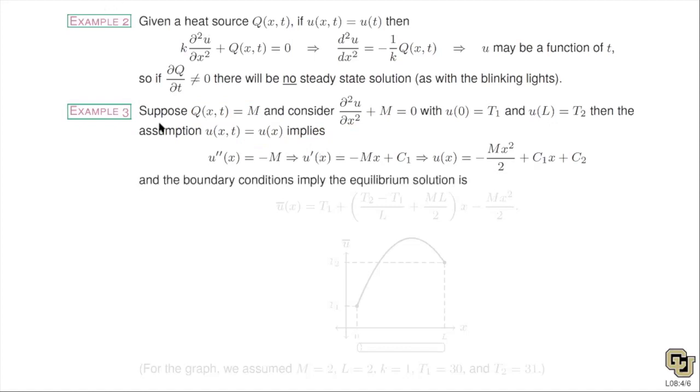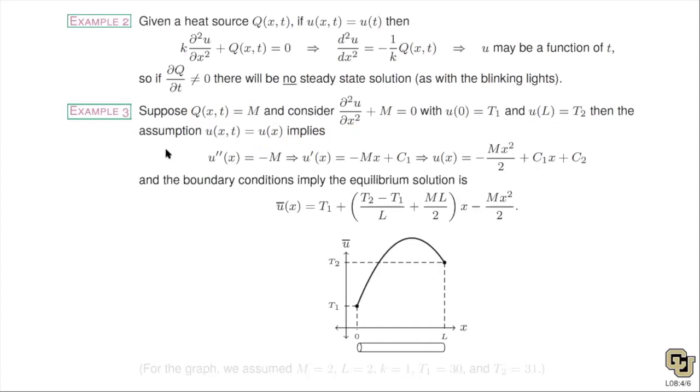And so then we assume some boundary conditions as we did before. You have T1 on the left and T2 on the right. If you solve for the constants, you get this solution here. It's a quadratic. So here are the boundary conditions I'm using, and we use that information to solve for C1 and C2.